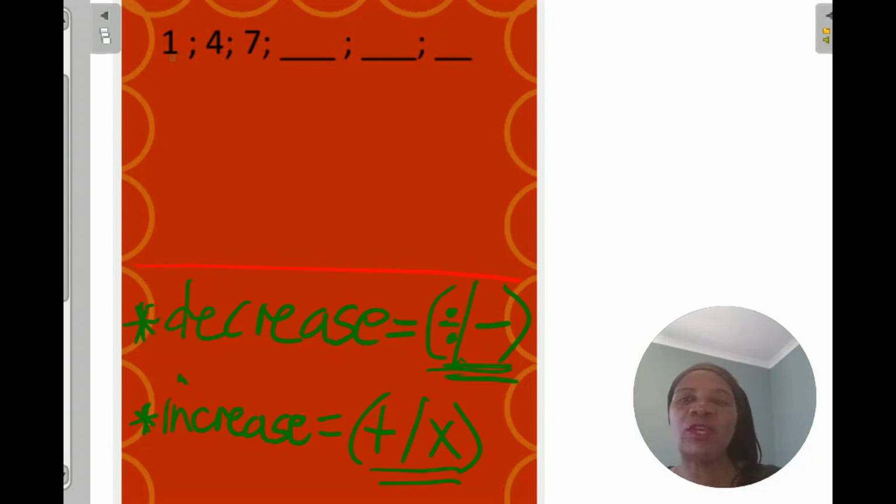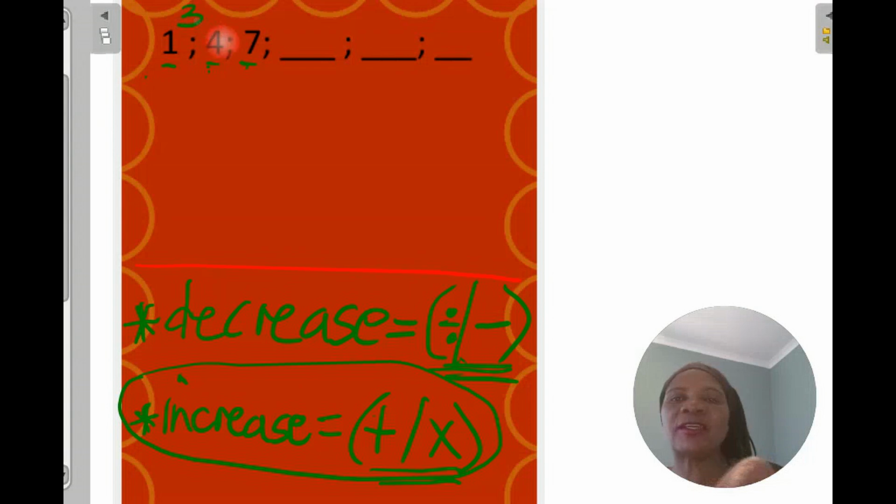So if we look at this one, 1, 4, 7, you can see that from 1 to 4, it is now bigger. From 4 to 7, it is now even bigger. So the numbers are growing bigger in the sequence, which means we are going to consider these 2. So we look at the pattern now. From 1 to 4, what is the difference?